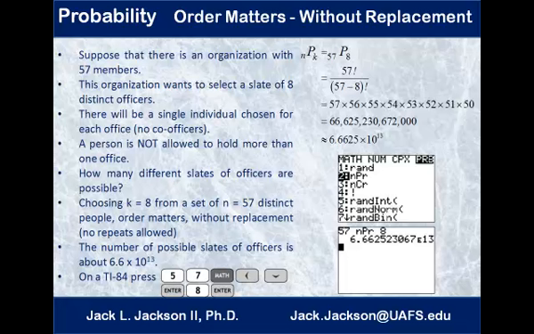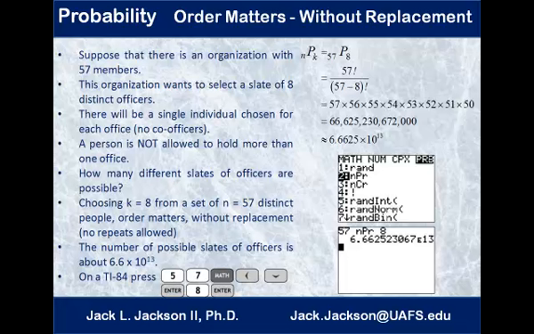Well, you can see the computations here on the right. That's nPk, that is 57 permute 8, which is the way I would read that. So that's 57 factorial over 57 minus 8 factorial. Or you start at 57 choices for the first one, then times 56 for the second one, times 55, and you work your way down to 50. If you count those factors, there are 8 factors there.